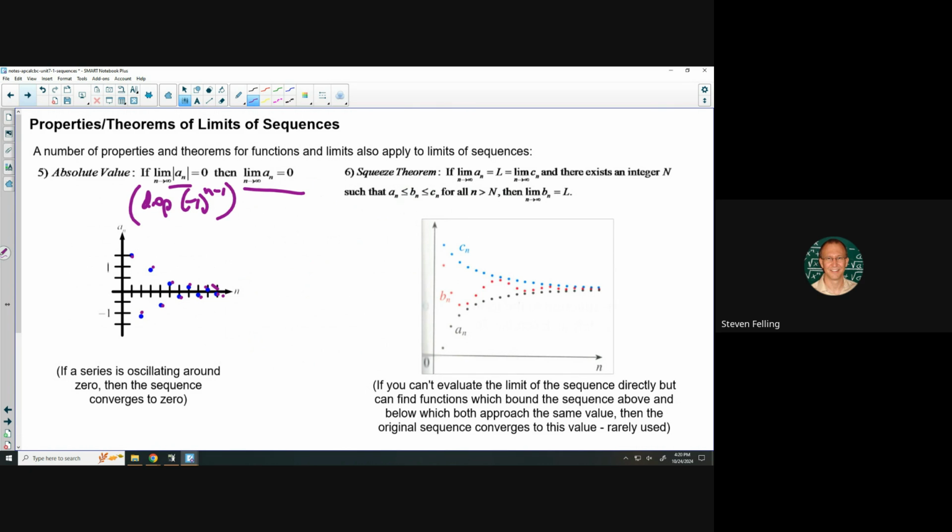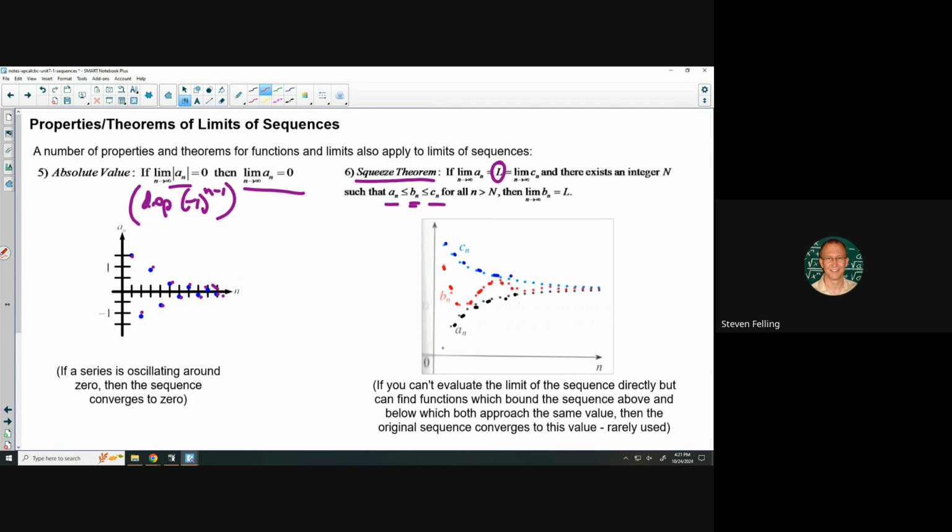And then although we rarely see this, the squeeze theorem also can be applied. If you have a limit that's difficult to find, but you can show that the target sequence has a sequence that's always below and a sequence that's always above it. So for example, you have these terms that are always above and these terms that are always below the sequence that you're interested in, these red dots here.